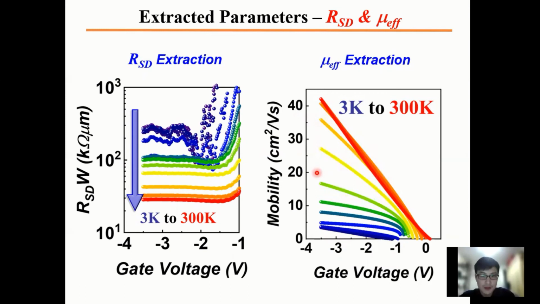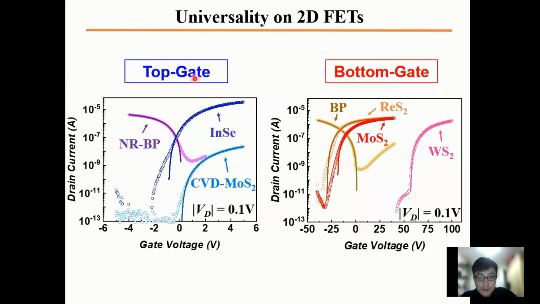So far, we are able to extract the intrinsic properties of our channel region and also the contact resistance at the metal-semiconductor interface. The next step we would like to validate is whether this is universally applicable for different types of 2D semiconductors. So we apply this procedure to various types of FETs. This involves black phosphorus, indium selenide, MoS2, ReS2, and tungsten disulfide with top gate and bottom gate configurations.